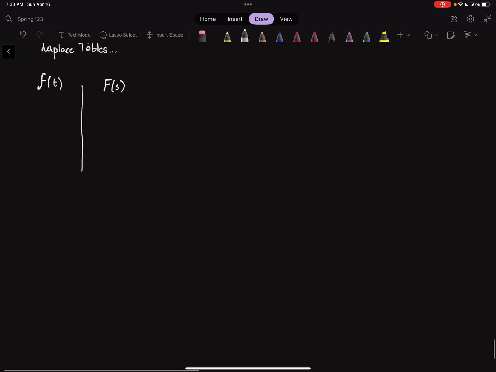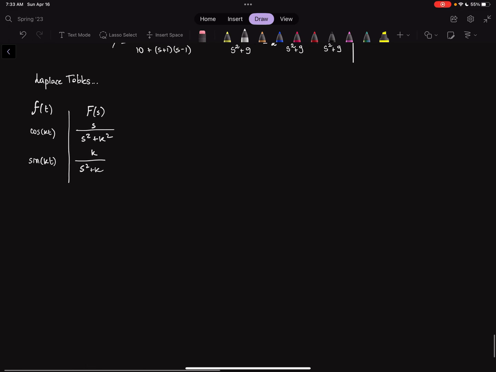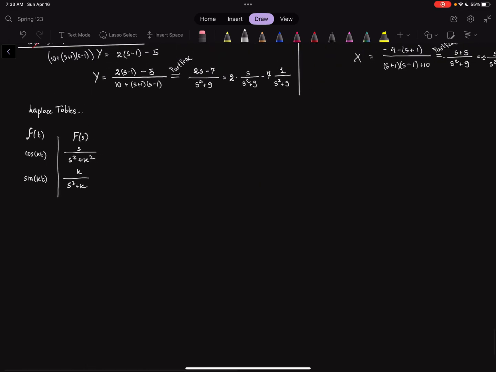And there's one in particular where cosine of kt, if you apply the Laplace, gives s over s squared plus k squared. And sine of kt gives k over s squared plus k squared. Now, if you look at this, we may have something like this. You see how we have the s in the numerator here and the s squared plus 9 here?